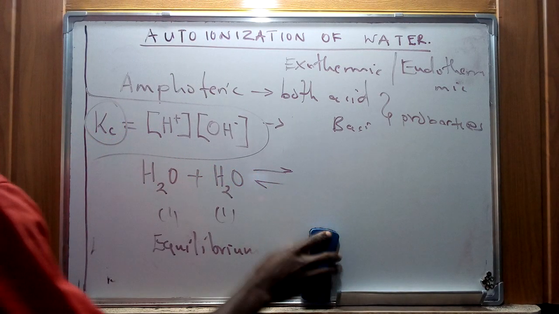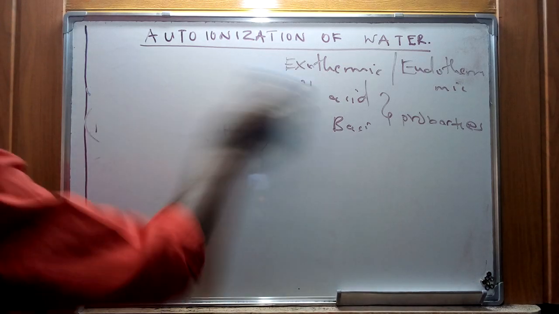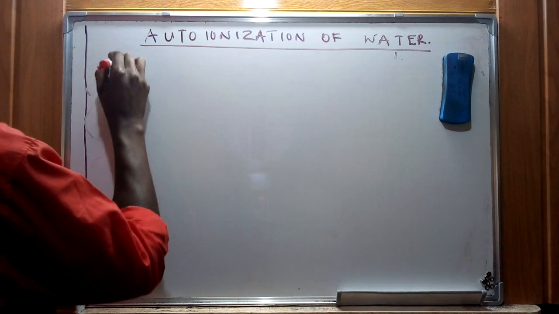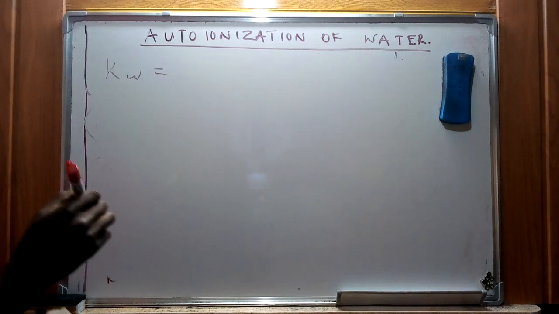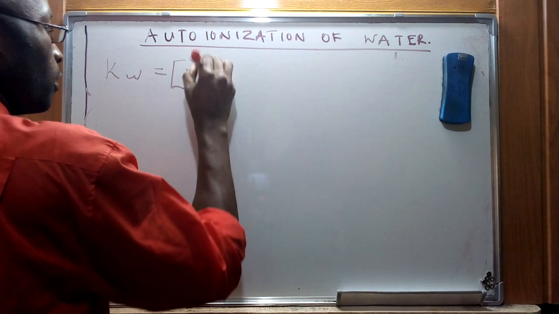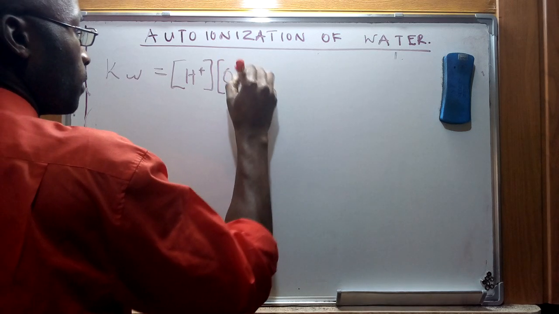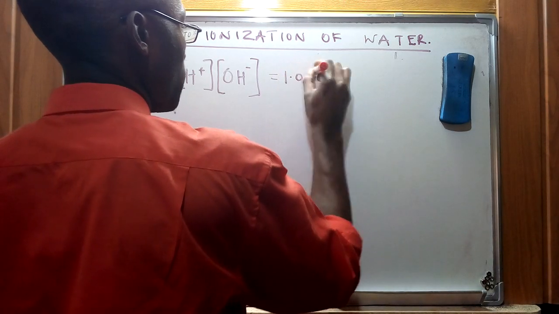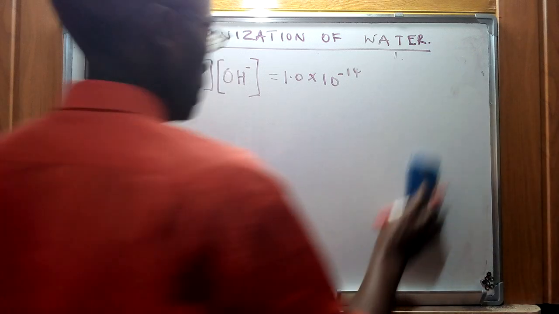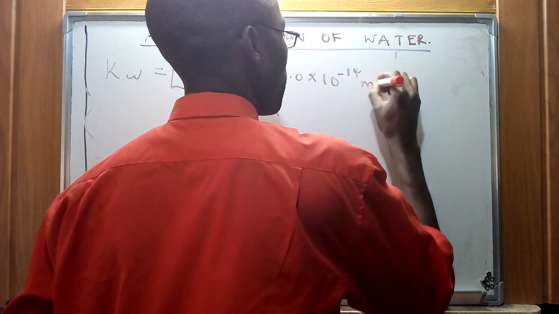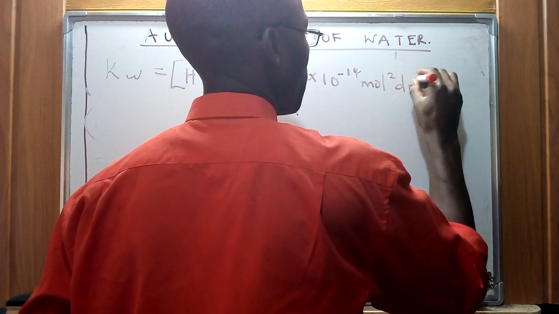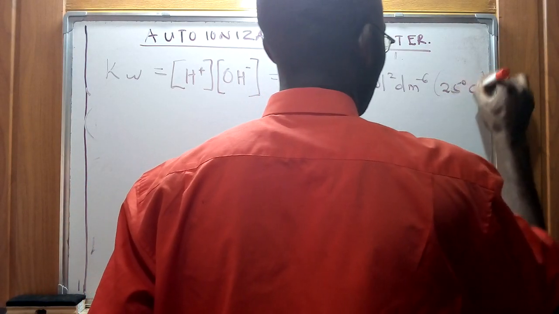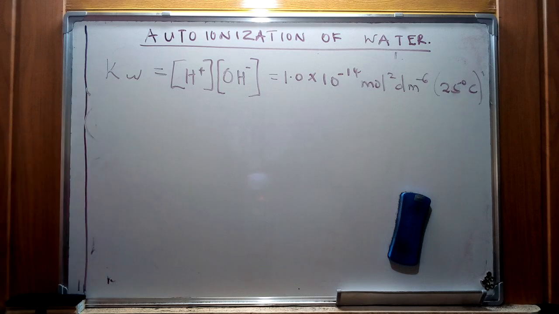So the value for the ion product of water gives me the concentration of the OH group times the concentration of the H positive, and this value is going to be 1.0 times 10 to the negative 14, in units of mole squared per decimeter to the power negative 6, achieved at 25 degrees Celsius. So this is what refers to the ion product of water.